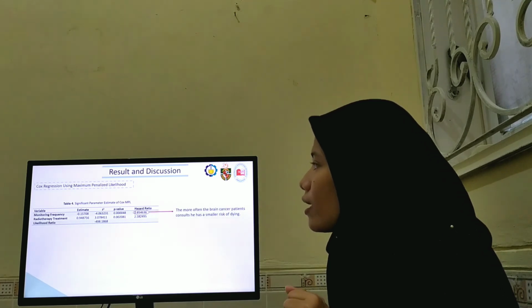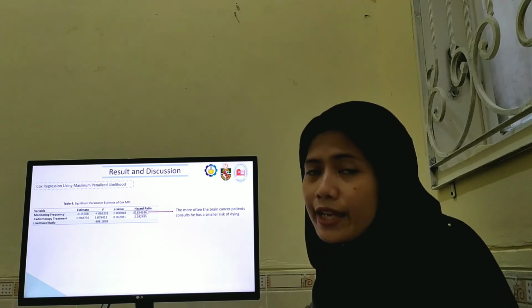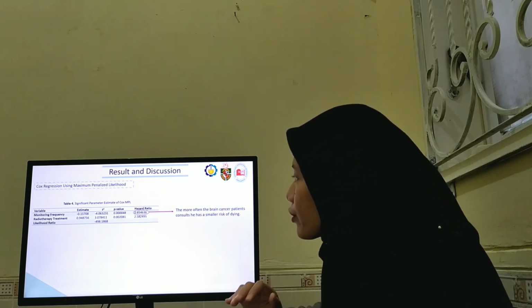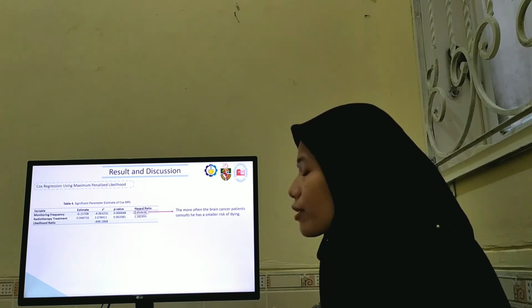So we get the significant parameter estimate of the Cox model. We know that the hazard ratio of monitoring frequency is 0.85, which means that the more often the brain cancer patient consults, the smaller the risk of dying.